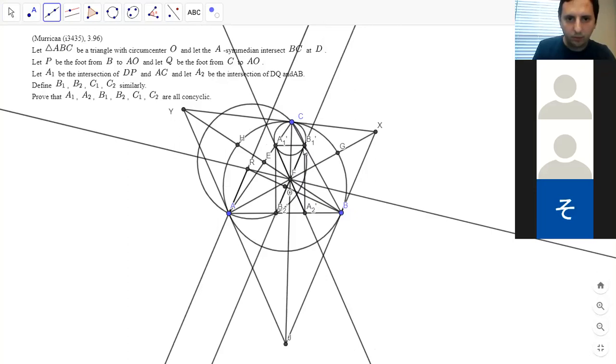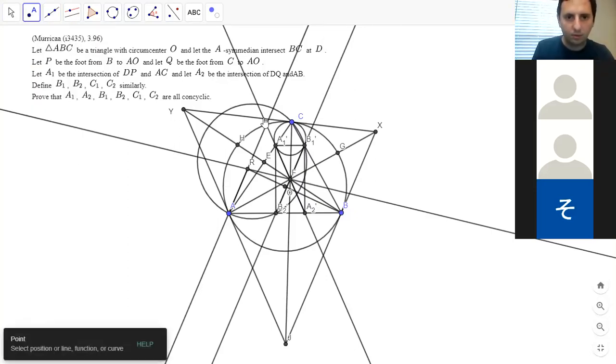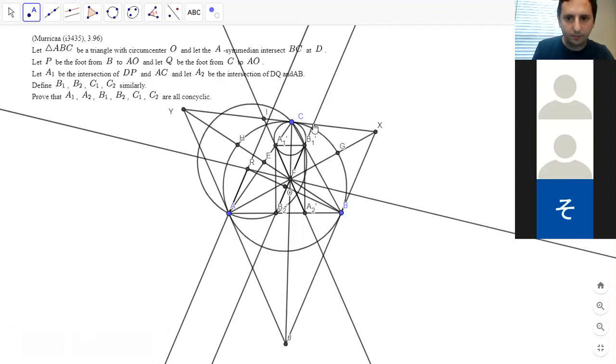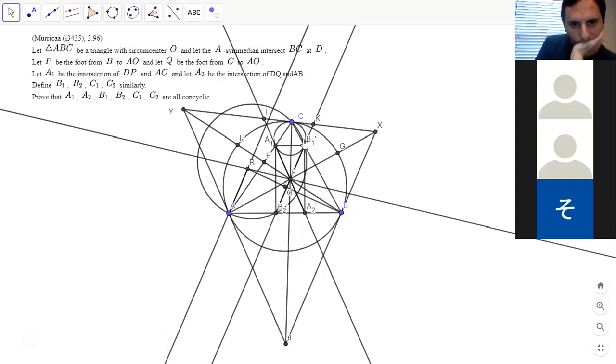And the median point is going to lie on this line again. So yeah, we could instead think of this as the tangent to this circle.